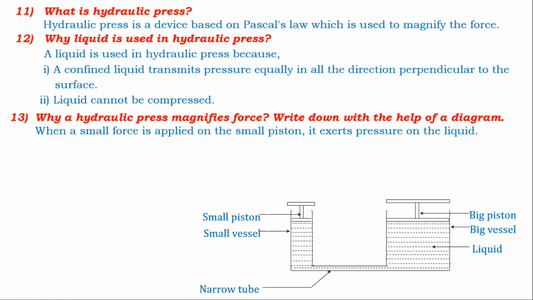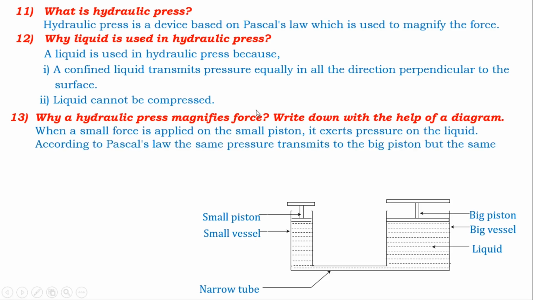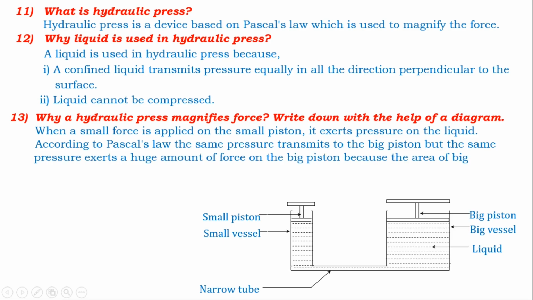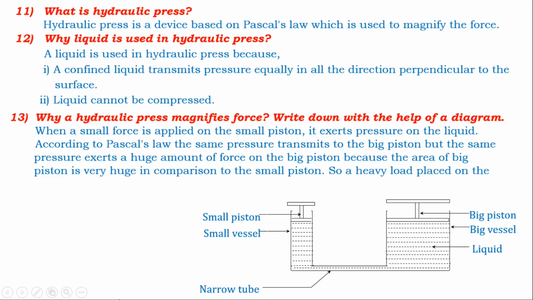Now with the help of this diagram we can explain like this. When a small force is applied on the small piston, then it exerts pressure on the liquid, and according to Pascal's law, the same pressure transmits to the big piston. From small piston to big piston, same pressure transmits. Pressure exerts a huge amount of force on the big piston because the area of this big piston is very huge in comparison to the small piston.